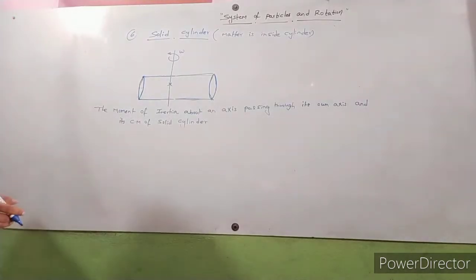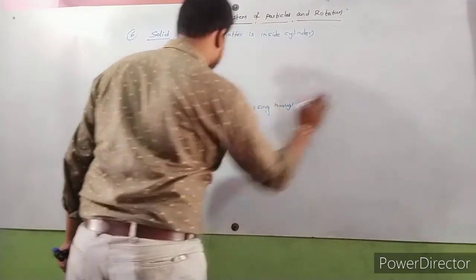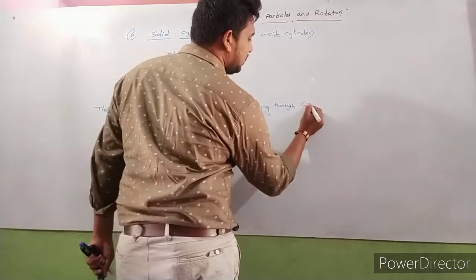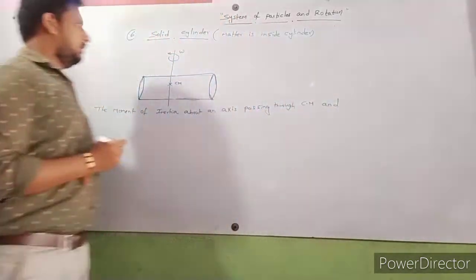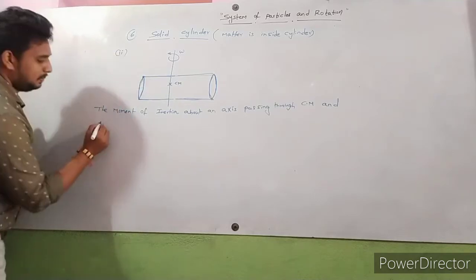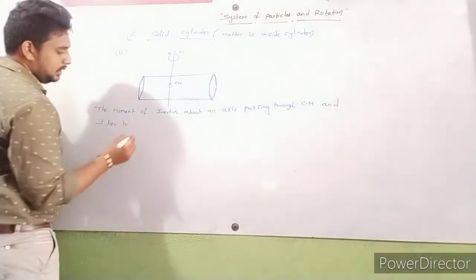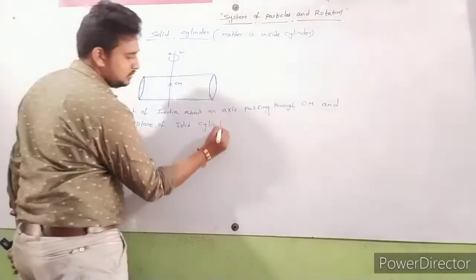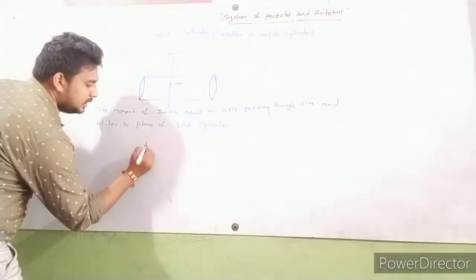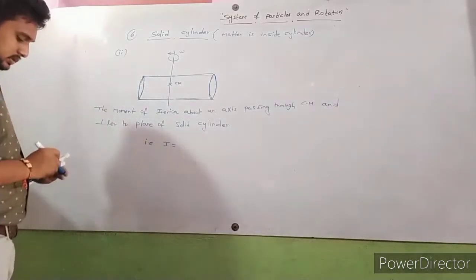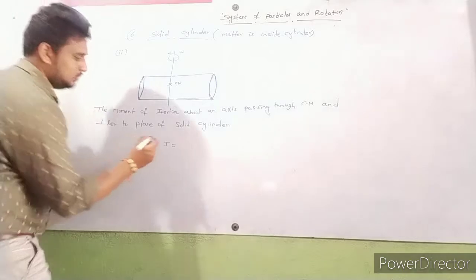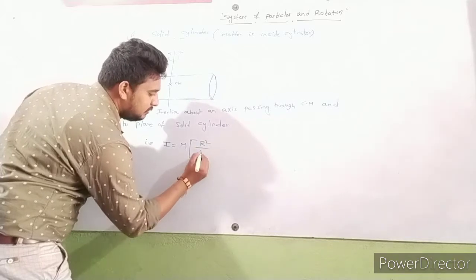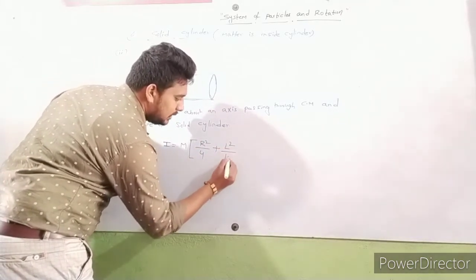Moment of inertia about an axis passing through the center of mass and perpendicular to the plane of the solid cylinder, that is I is equal to m into r square by 4 plus l square by 12.